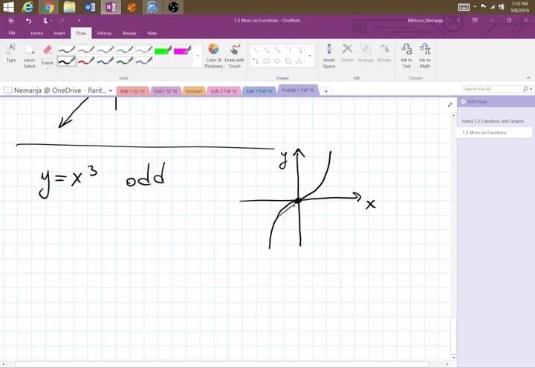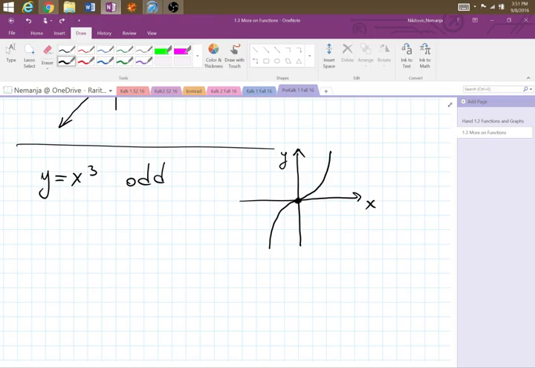Because if you look, right, this point corresponds there, this point corresponds there, this point corresponds there. So every single line that I am able to connect goes through 0, 0. And it has its pair. So if this is 1, 1 on this side, then you have negative 1, negative 1 on the other. So you just put both negative signs. So we have all of those. So that's the meaning of the oddness of a function. It's symmetric through the origin.